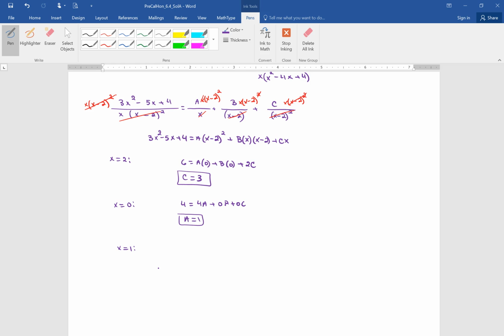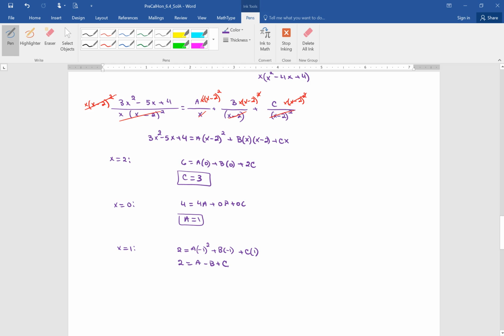When we plug in x equals 1, what are we going to get? 3 plus 4 is 7, minus 5 is 2, right? Equals A times minus 1 squared plus B times minus 1 plus C times 1. So basically 2 is equal to A minus B plus C.